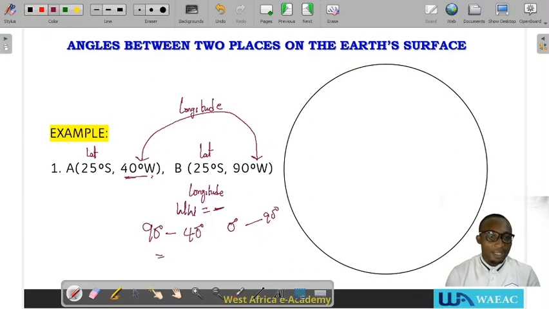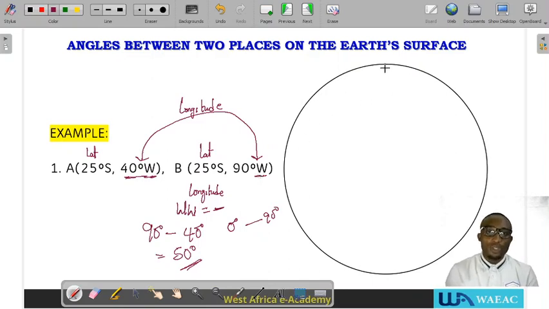So our difference is 50 degrees. That is the angular difference. Why do we subtract? Because we have west here and we have west here. It's the same direction, so we look for the difference in that direction. I believe you are getting what I'm saying.